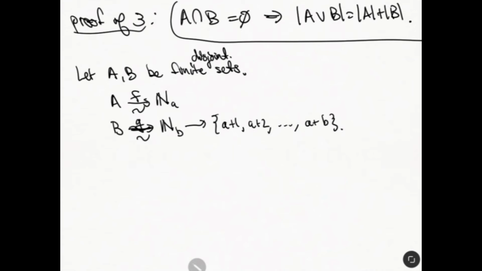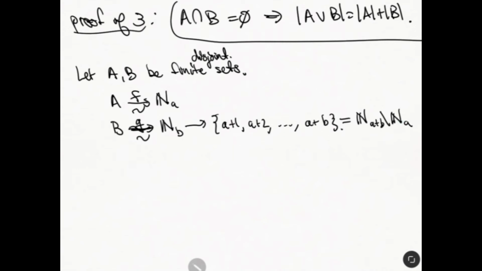Okay, and so we'll call this, I don't know, what do we want to call this? We'll call this n sub A plus B set minus n sub A. Okay, so that's what this set is.